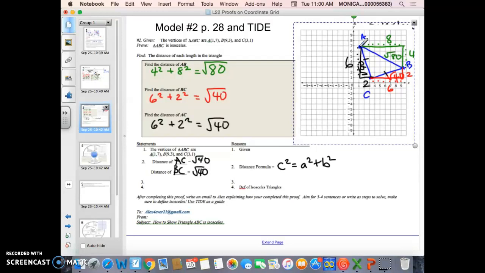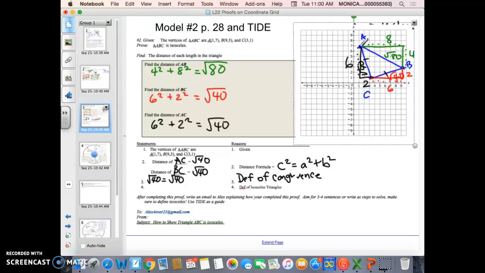Okay, then the third thing I can say is that the square root of 40 equals the square root of 40. Okay, and this would be definition of congruence. So those of you that wanted to know when to use definition of congruence, this would be a perfect opportunity.